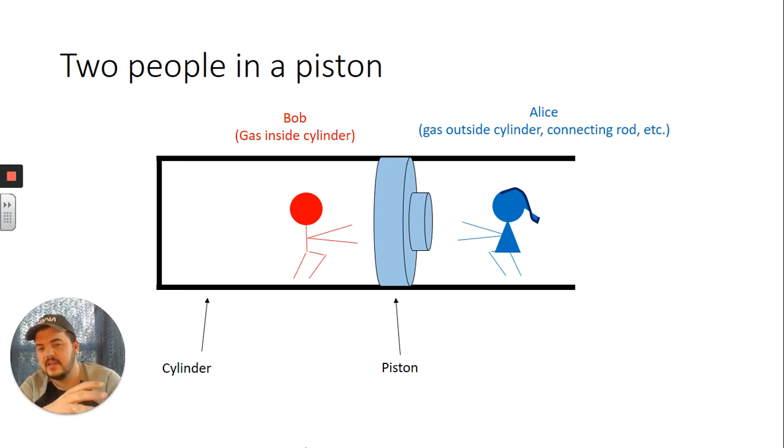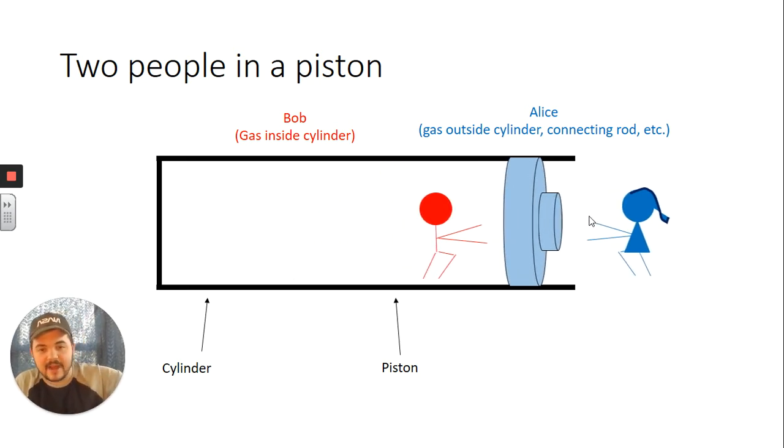He'll be what we'll call the system later on. And then on the right, we have Alice. Alice is going to represent anything outside of that cylinder. So the atmospheric gas outside of the cylinder, maybe that connecting rod, or anything that might be pushing up against the piston from outside of the system.